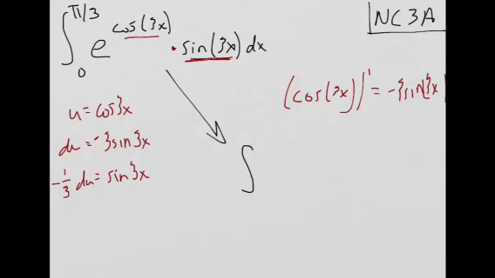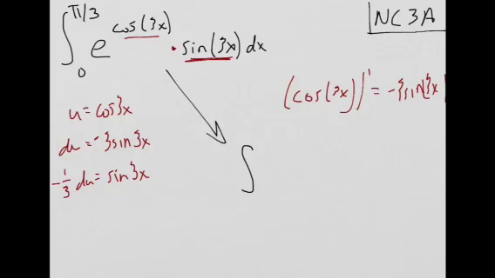So I'm going to leave this spot and this spot blank for now, and fill them in later. So when I do my integral, I've got e to the cosine 3x. This is cosine 3x, it's u, so that is e to the u.